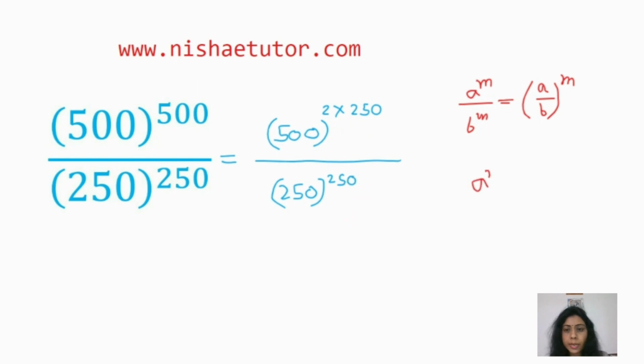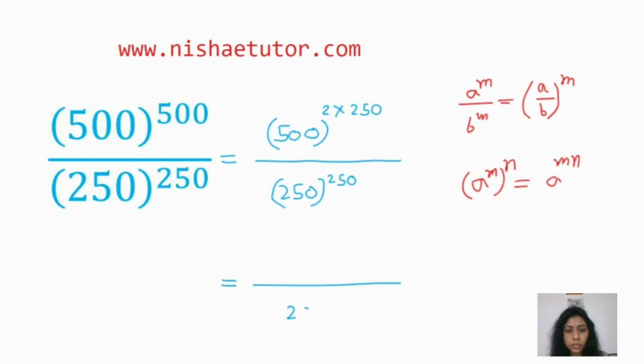If (a to the power m) to the power n, this property is power to the power, so m multiplied by n. It means this part, the right hand side, we can write as power to the power.